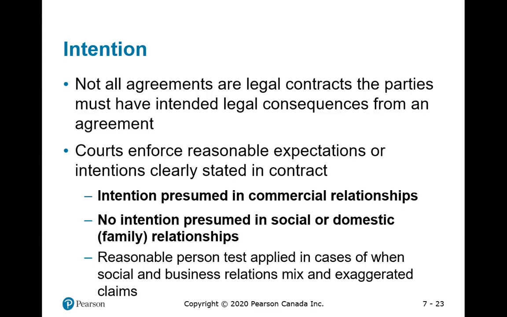They may set it aside. Because if I cannot set it aside, then I would be saying that in all domestic or social relationships there's no intention. But this is not what I'm saying. I'm saying that there is a presumption. If parties do not show otherwise, the presumption will stand.